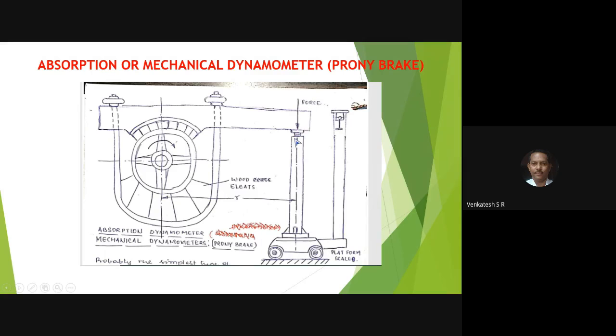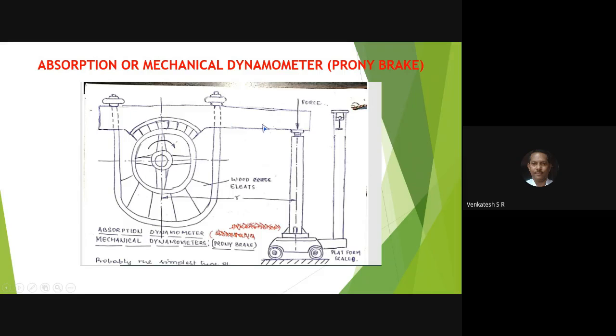On that, the force is exerted on the platform by the mechanical energy coming from the machine or from the motor or from the engine. And this arrow mark shows the driving of the shaft along with the pulley of the dynamometer.